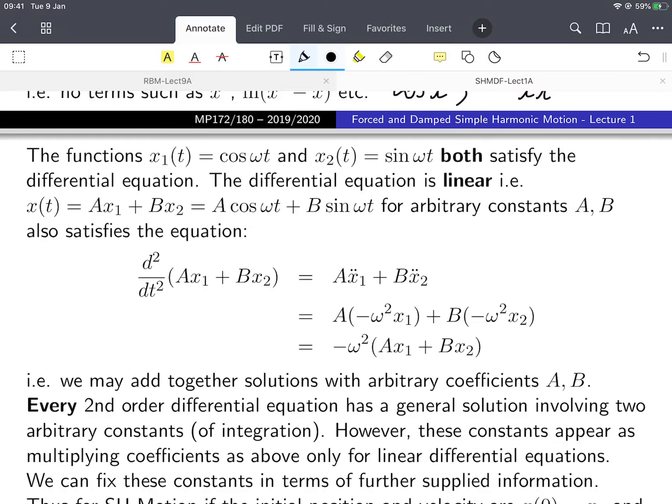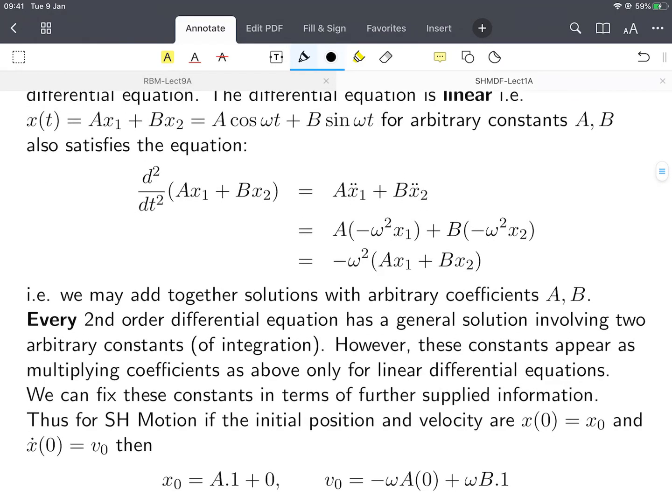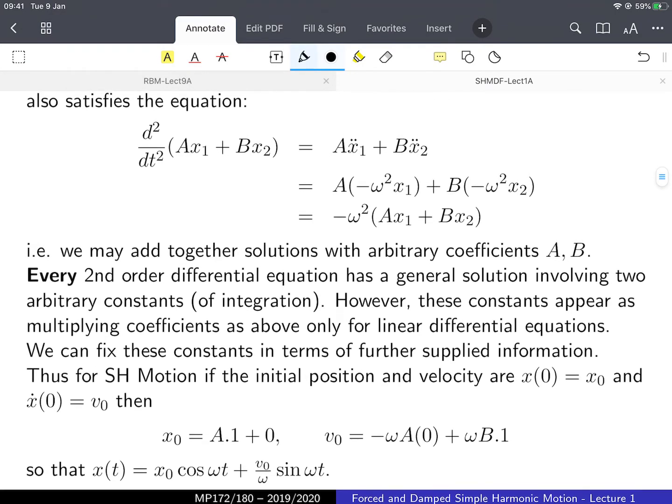So you have a sort of double infinity of solutions. That's a linear combination. Well, it's also a solution. That's easy to prove. I don't want to write it, but you can see that if I differentiate this twice, blah, blah, blah, I get it. Okay? So I'm just going fast through this, but that's something to know. Linearity is good.